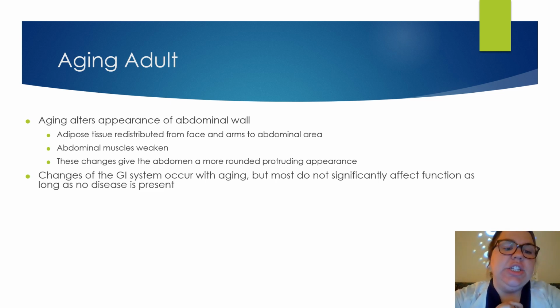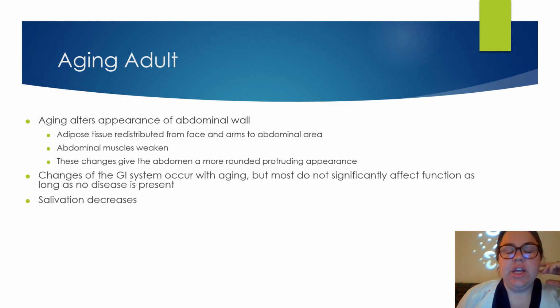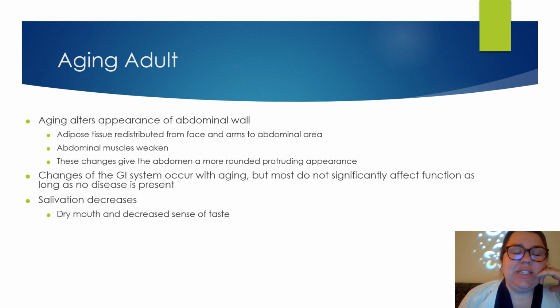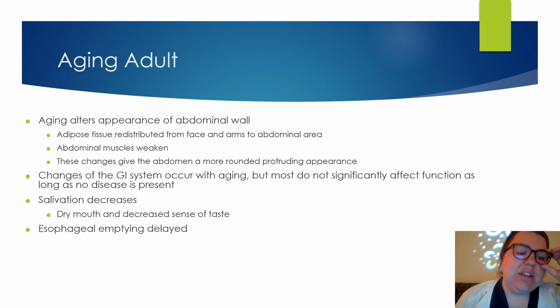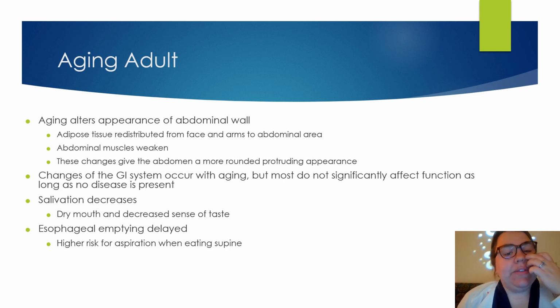So the GI system, okay, there are changes that occur with aging, but most do not significantly affect the function as long as there are no diseases present. Their salivation decreases, so they have a dry mouth and decreased sense of taste. The esophageal emptying is delayed, so you have a higher risk of aspiration when eating laying down, so supine.